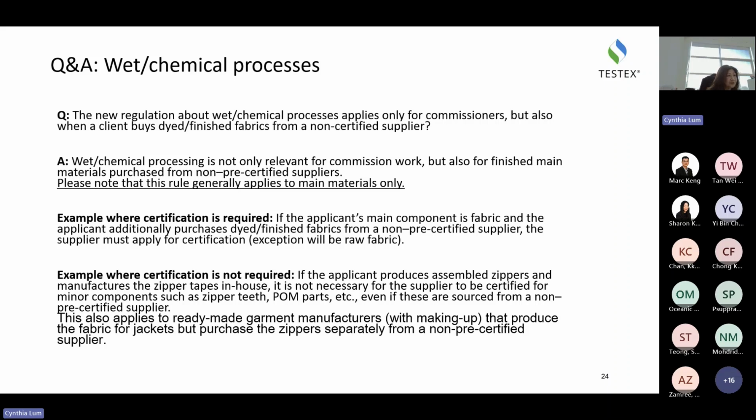Example where certification is not required: if the applicant produces assembled zippers and manufactures the zipper tapes in-house, it's not necessary for the supplier to be certified, right? Because these are not the main components. But in any case, where non-certified components are used, they will be subjected to testing.